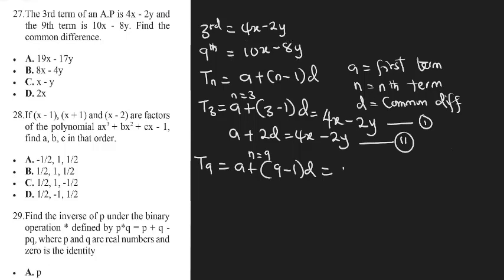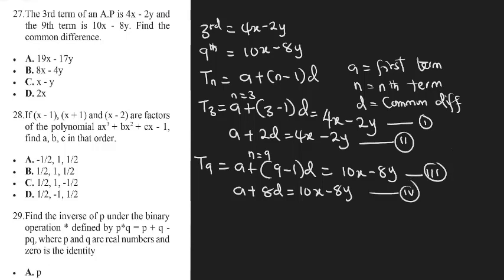Solving this is going to be equation 3. 9 minus 1 is 8, so a plus 8d is equal to 10x minus 8y. So this is our equation 4.